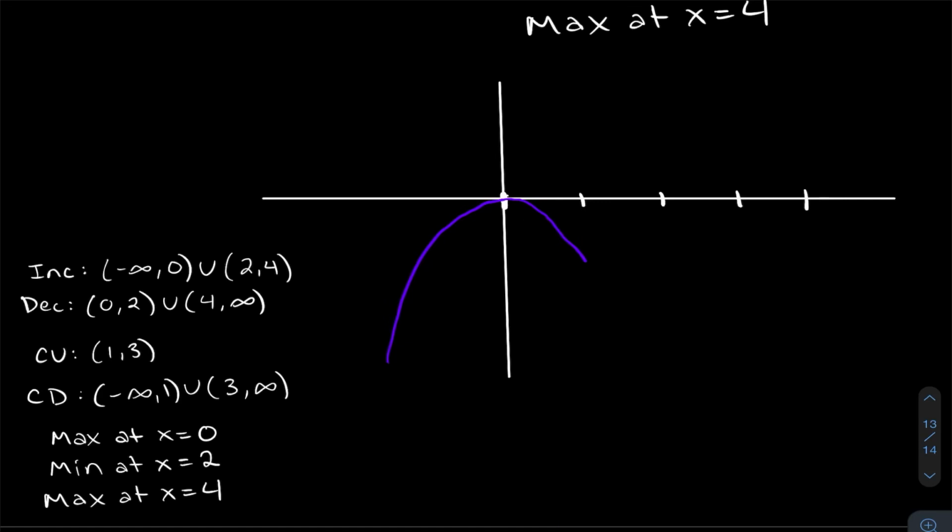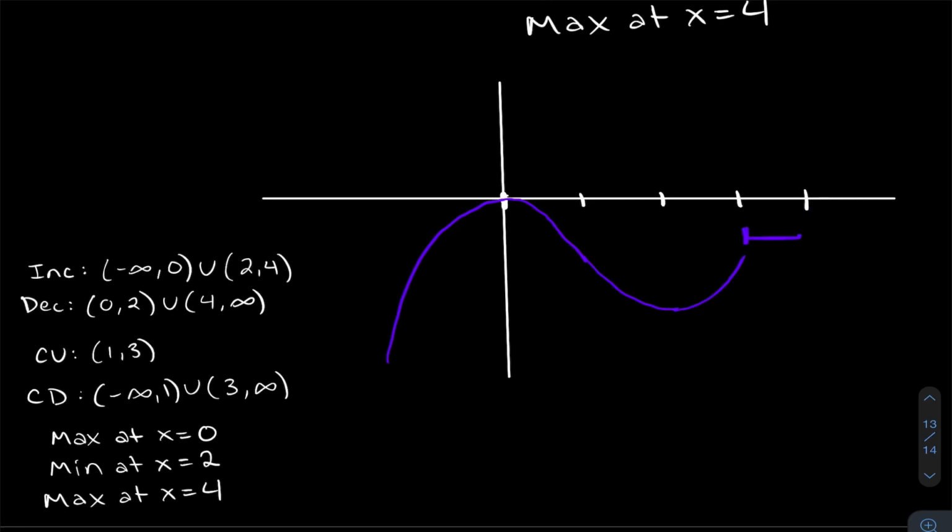So it's going to form the base of this parabola in a way, because we're still concave up until 3. So you can only imagine that what's going to probably happen here is we're going to go up. And sure enough, since we are increasing from 2 to 4, that's exactly what's going to happen. So you know it's kind of going with the flow in a way, and you get it eventually.